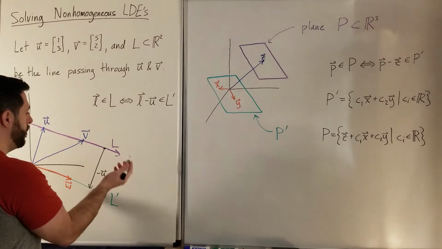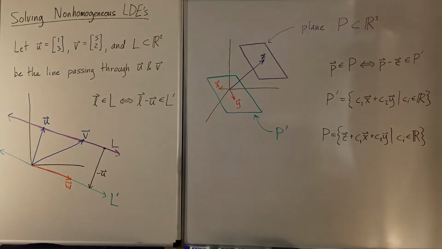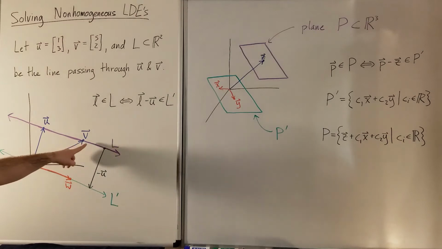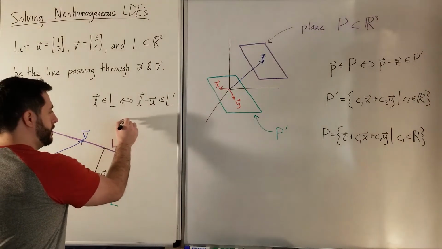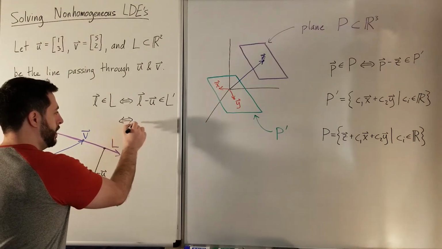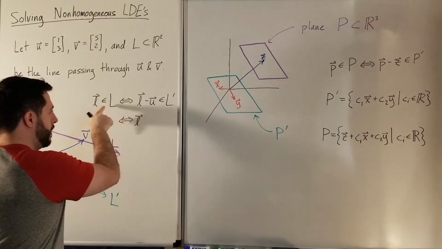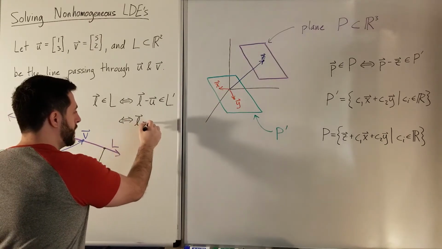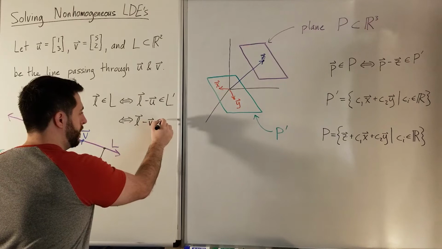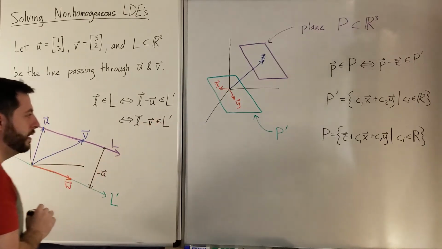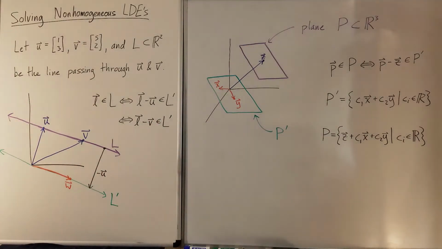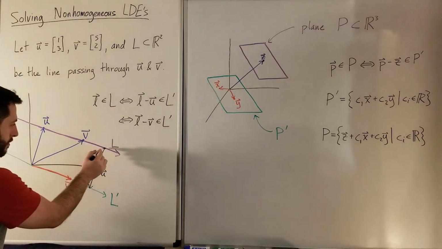Okay? Well, there was nothing special about using u there. We could have also used this other vector v. So it's also true that if l lies on the line L, then l minus v lies on the line L prime. Okay? So I can start out with any vector on this line. Let me just draw this here real quick.